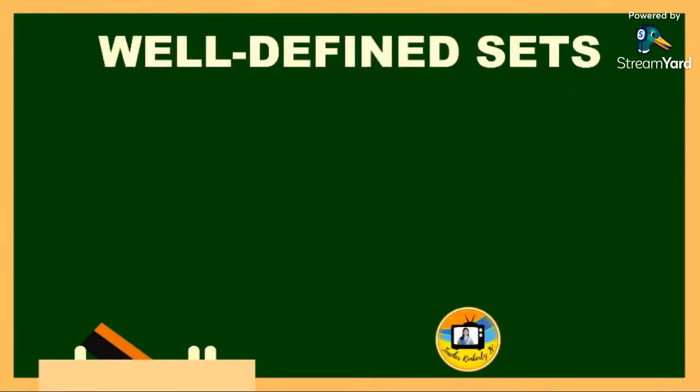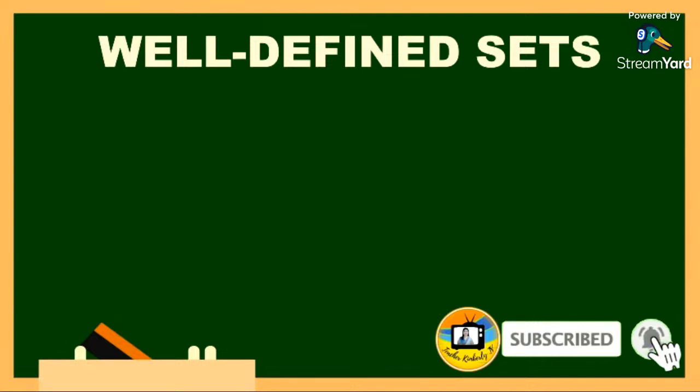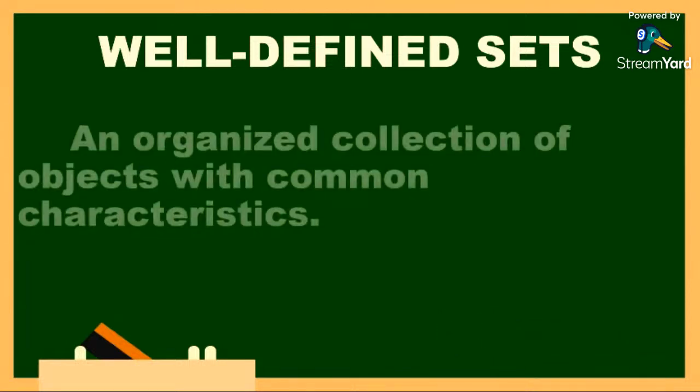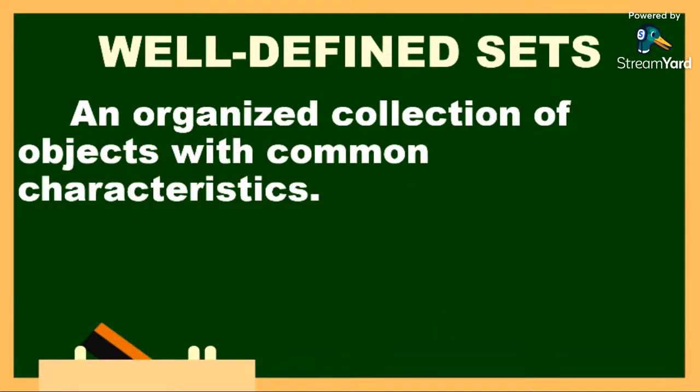Ano naman ang well-defined sets? A well-defined set is an organized collection of objects with common characteristics. Ibig sabihin po nito, matatawag nating well-defined ang isang set kung sila ay nag-share ng kanilang common characteristics. So, magkakapareho ang kanilang katangian.